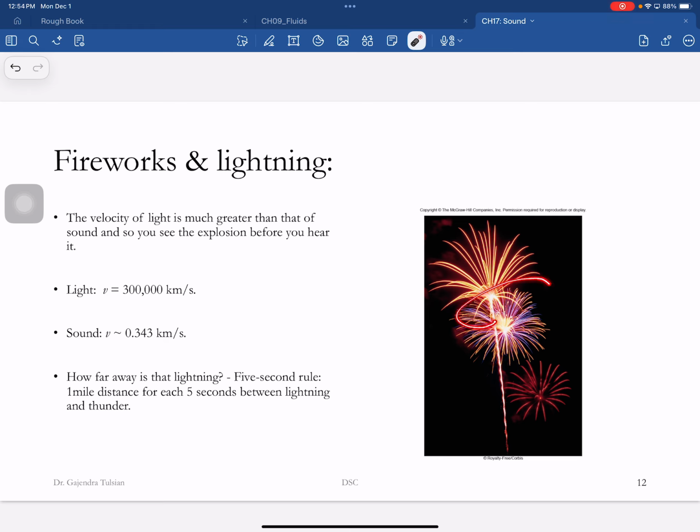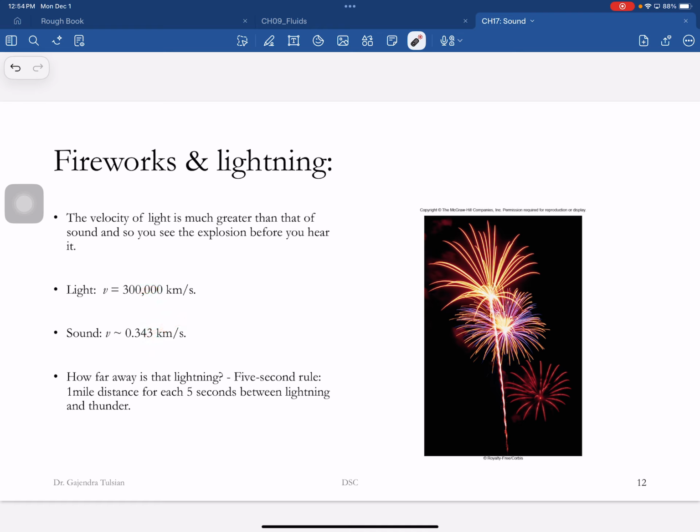You have all seen fireworks, or seen lightning and heard thunder. Here is the speed of light, 300,000 kilometers per second, and the speed of sound, 0.3 kilometers per second. So light travels 1,000,000 times faster than sound.